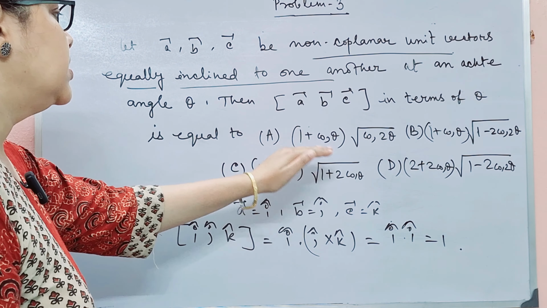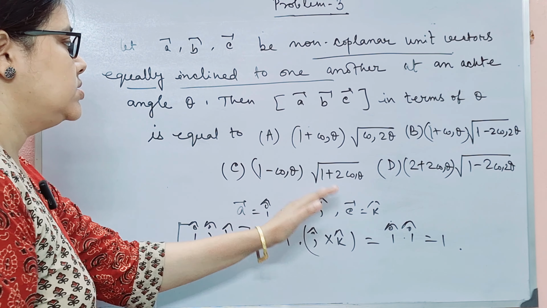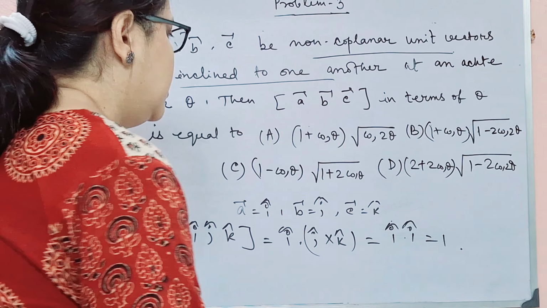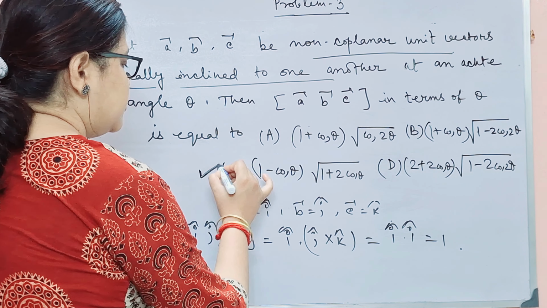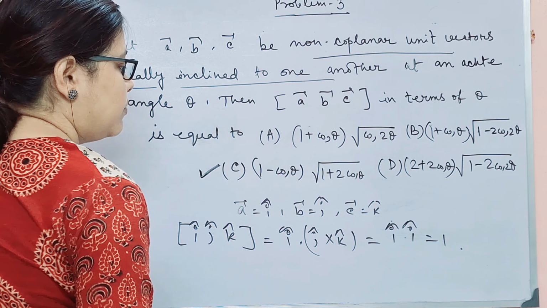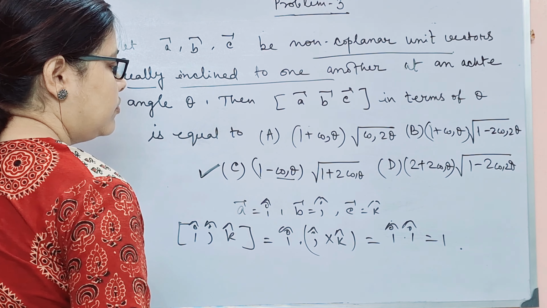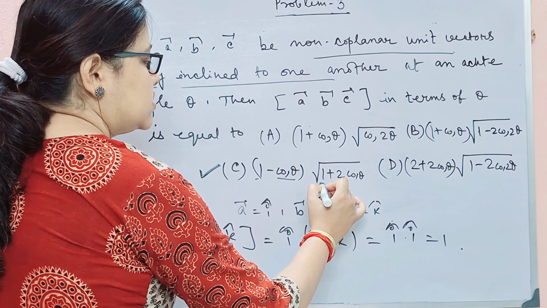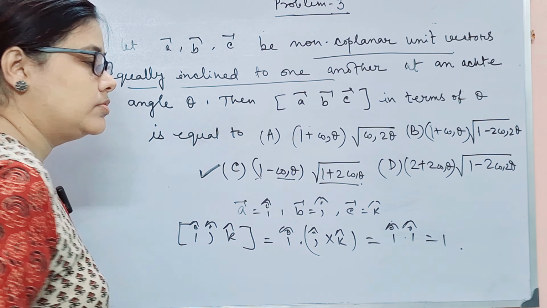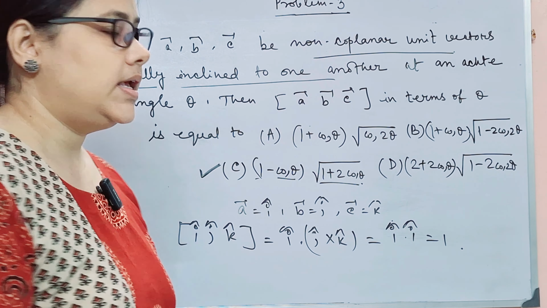Now you find where the value 1 is in these four options. In option C the value is 1, because this is cos 90, which means 0, and this is 1, and this is also 1, so 1 into 1 equals 1. So option C is the correct option.